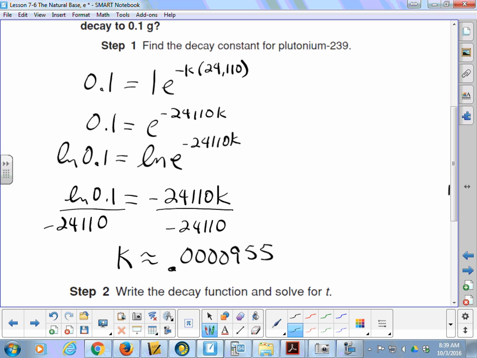I moved the decimal place 5 places to the left, which put me with 4 zeros. Okay. So now that we know K, we can go in and find that time then. Everything else is still the same, except we are now not using our time because we're trying to find the time.